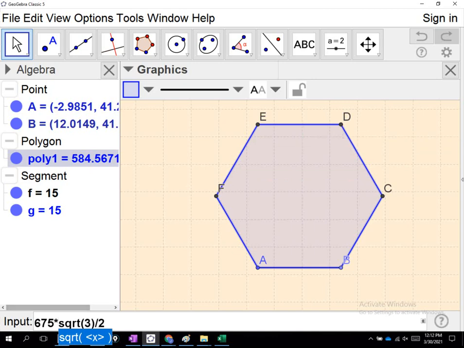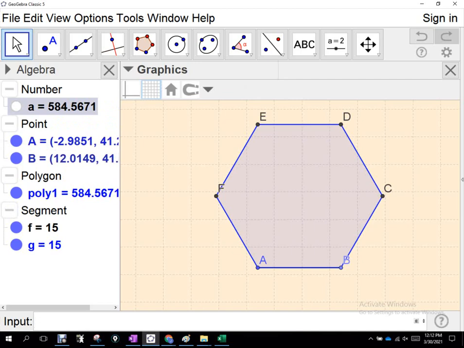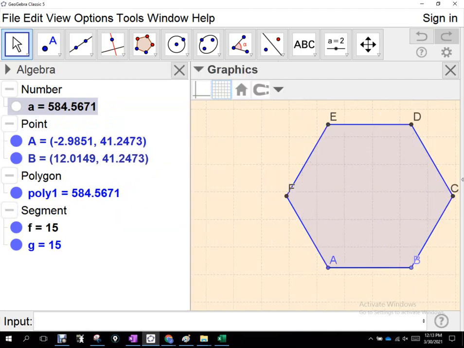If I type this in, hit enter, does it give me the same thing that GeoGebra found? Does that make sense? So we've got two procedures, done differently, getting the same area.